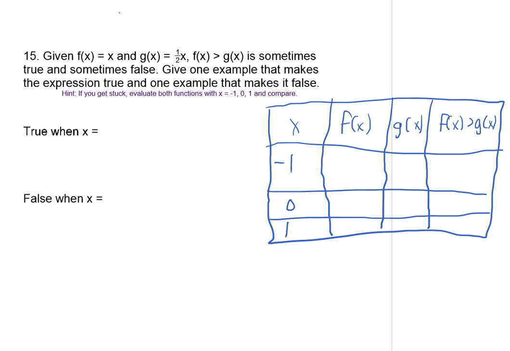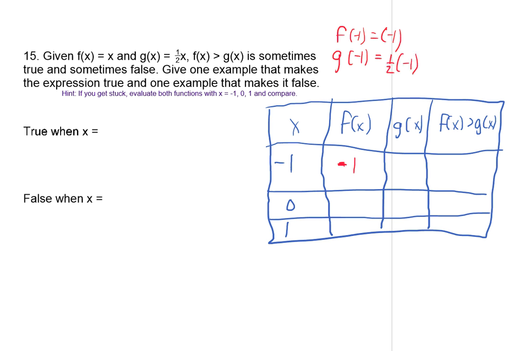So let's plug in negative 1 into f of x. So if I plug in f of negative 1, that equals negative 1. Okay. Then we check g of x. So g of negative 1 equals 1/2 of negative 1.